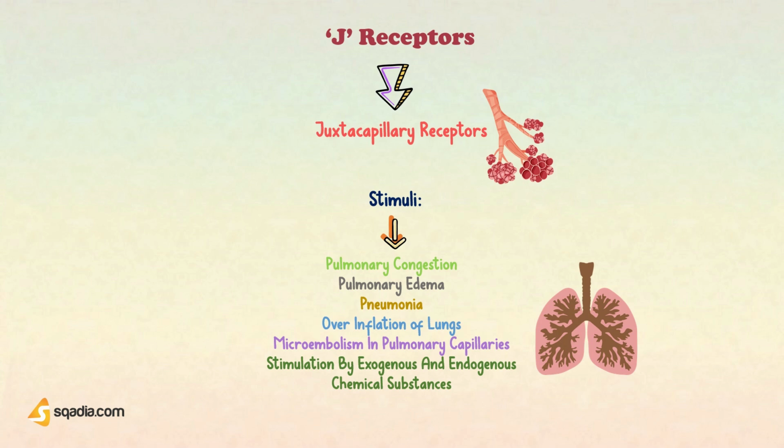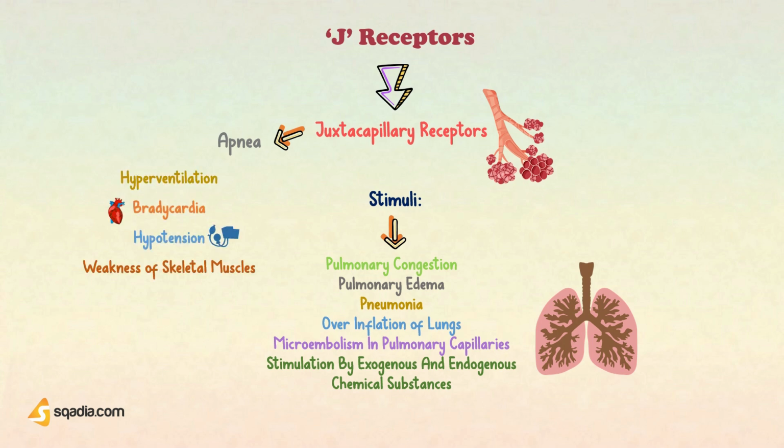Now, this stimulation of the J receptors produces a reflex response, which is characterized by apnea or rapid shallow breathing. Well, apnea is followed by hyperventilation, bradycardia, hypertension, and weakness of skeletal muscles. Now, role of J receptors in physiological conditions is not clear. However, these receptors are responsible for hyperventilation in patients affected by pulmonary congestion and left heart failure.